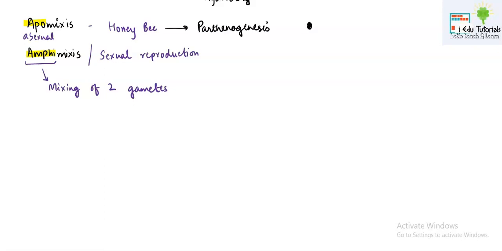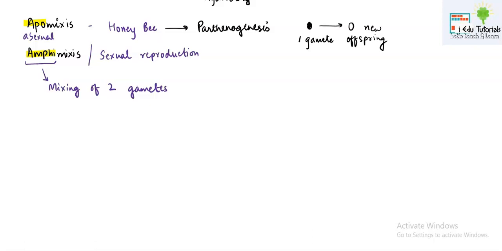But in parthenogenesis, one gamete gives rise to the new individual. So two gametes are not at all required to make a new individual. Only one gamete will be there, and this one gamete will form the new offspring, right? So parthenogenesis is seen in honeybee. We will be studying it in detail in chapter number 5.